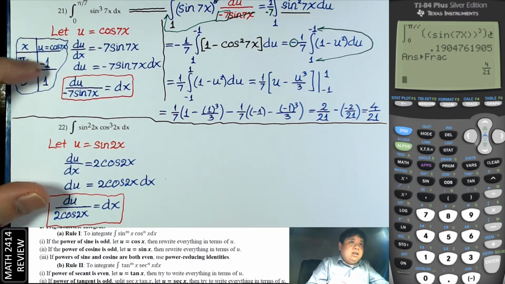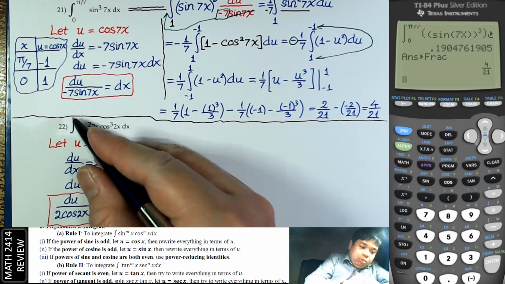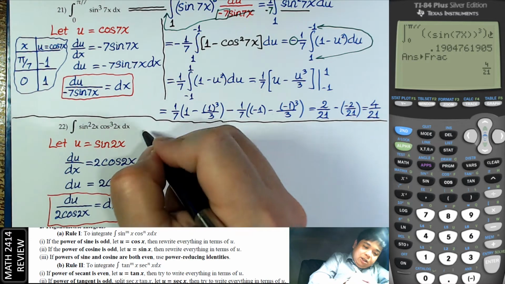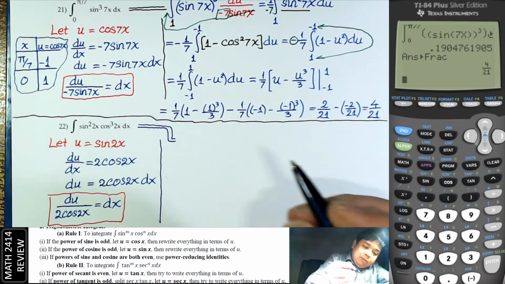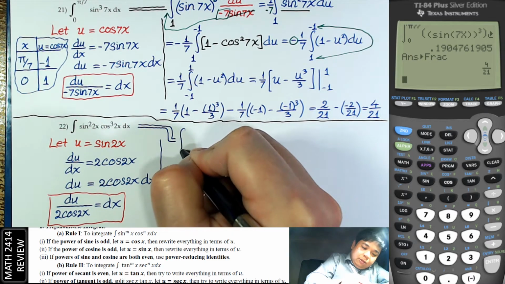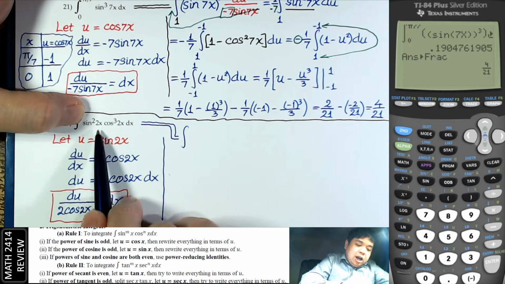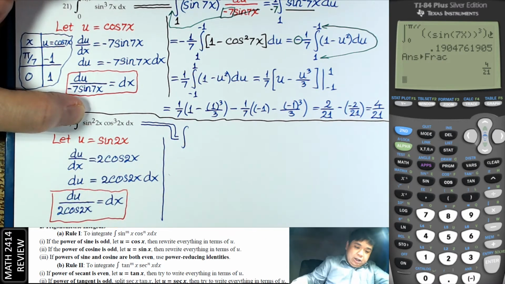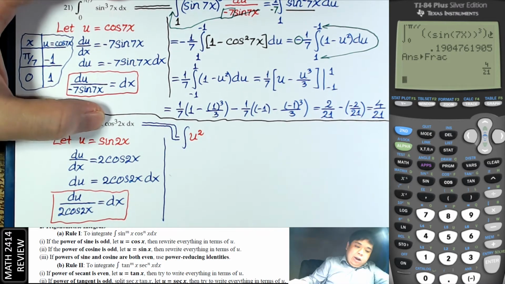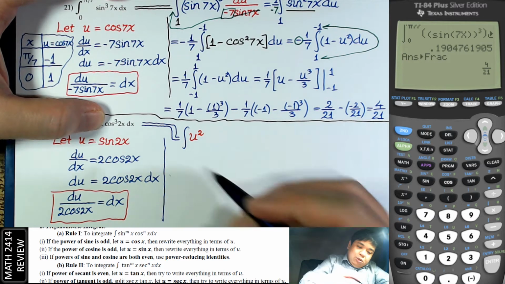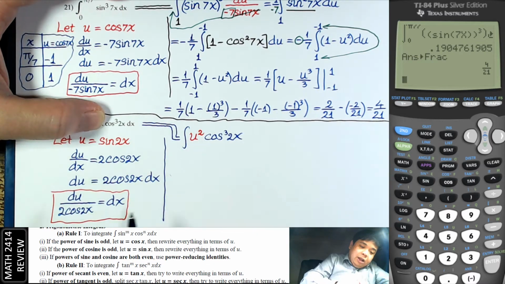This one does not have the limit, so it's just an integral, we do not need to change the limits. Right, it is equal to sine square here, that is u, so u square. And then cosine, I'm just going to write cosine. And dx is this.